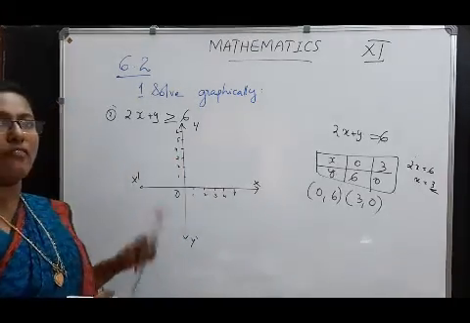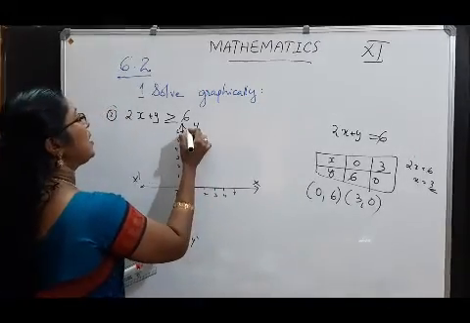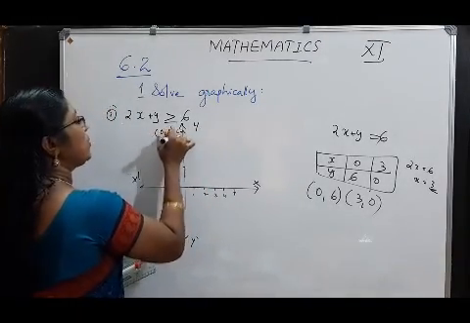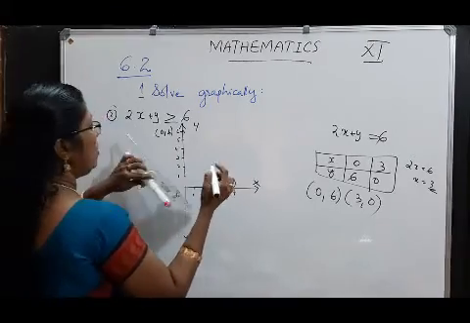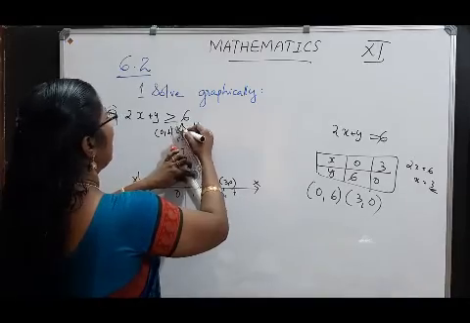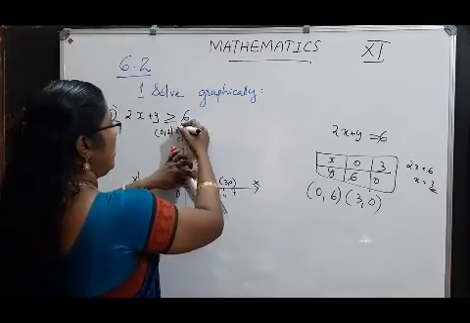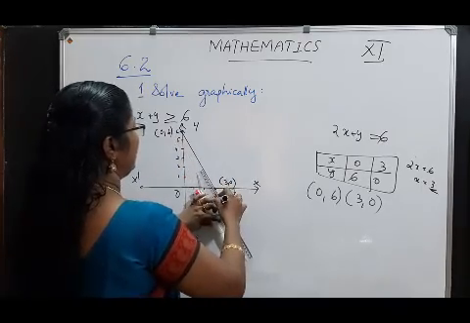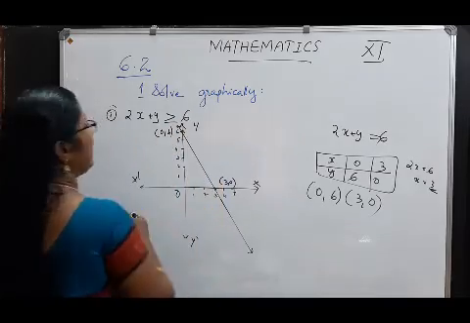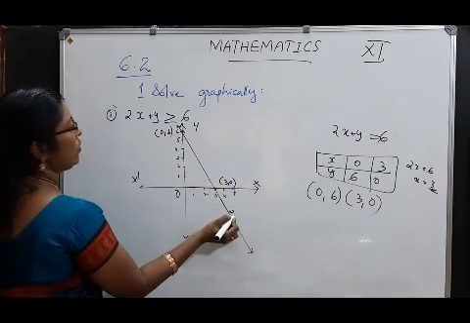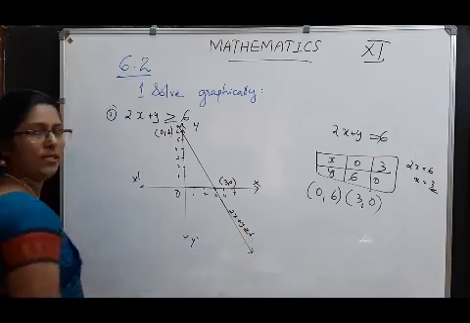You should use graph paper. Here the first point is 0, 6 and the other is 3, 0. Join. This is a slack inequality, so you can draw a straight line. Put an arrow mark at either end. Then write the inequality 2x plus y greater than or equal to 6.